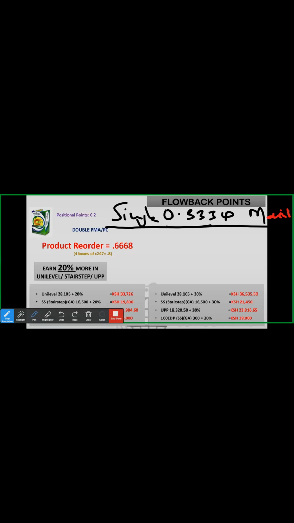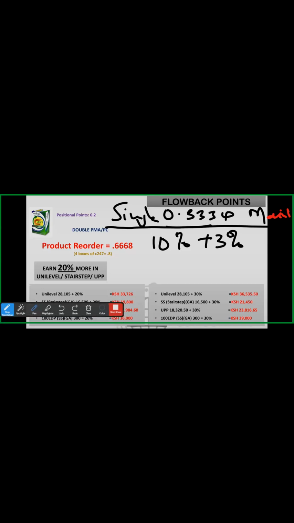Let's say you were supposed to enjoy 10% of the total company's profit. Hata kama wewe bado sio prime, kwa sababu najua ukiwa prime, you will get an additional 3% from stair step, from UPP, from Unilevel. Are we together?